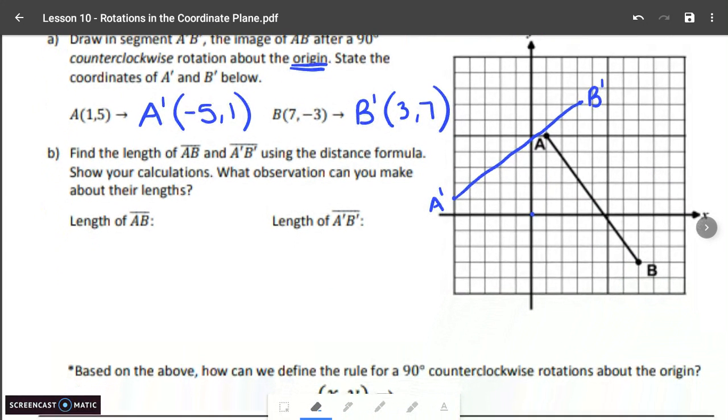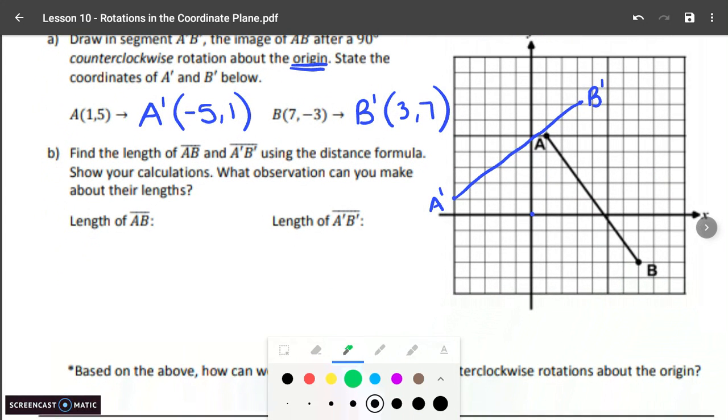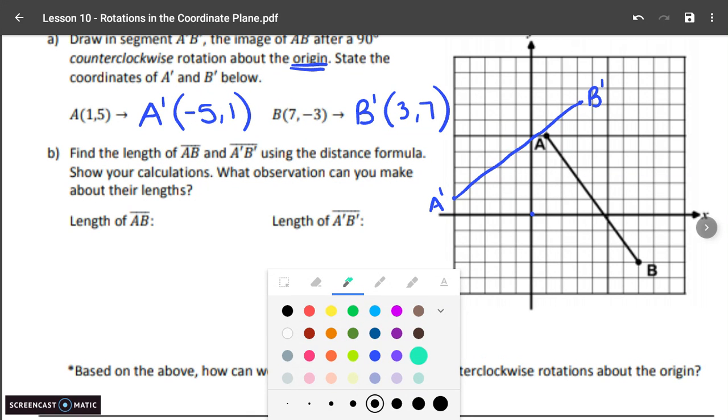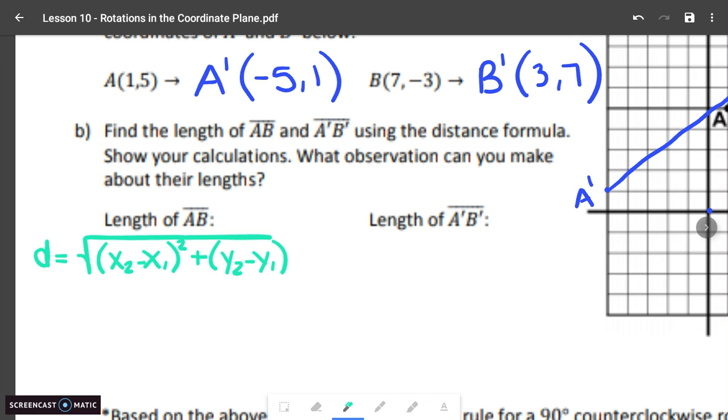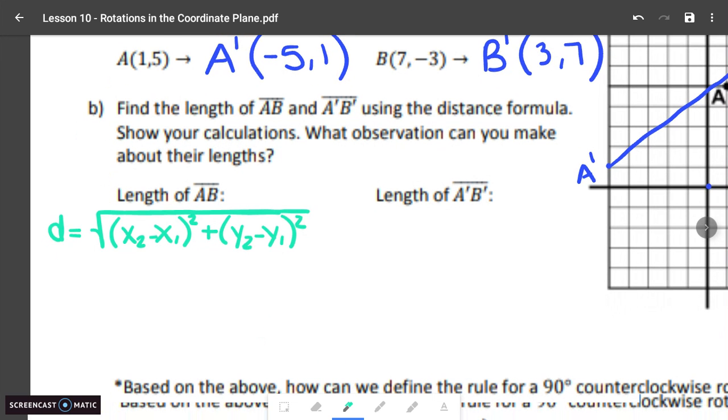What we are asking, though, in part B is to determine the length of these two. So remember, to find the length of any segment, we're going to use the distance formula, which is the square root of x2 minus x1 squared plus y2 minus y1 squared, and it's all under the radical. So in this case, we just plug in.